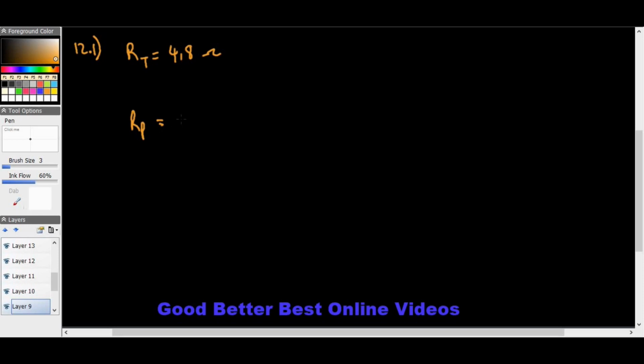R parallel is equal to R1 R2 over R1 plus R2. So over here, 4,8 for the value of R parallel is equal to 4R.